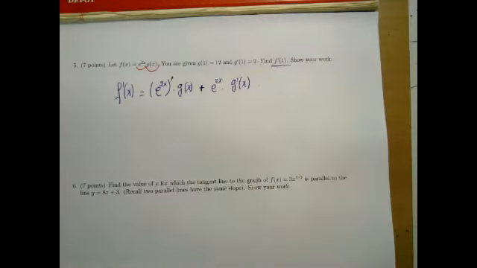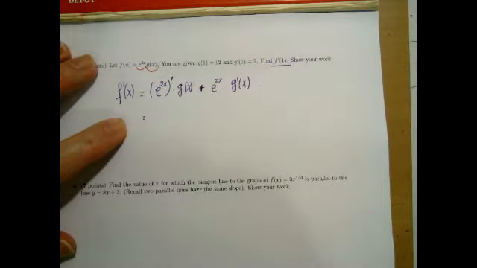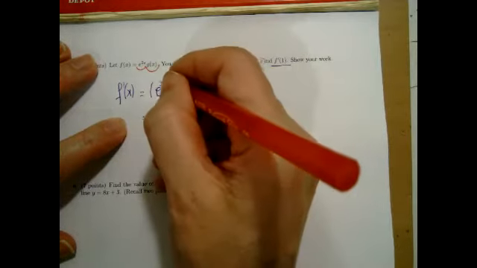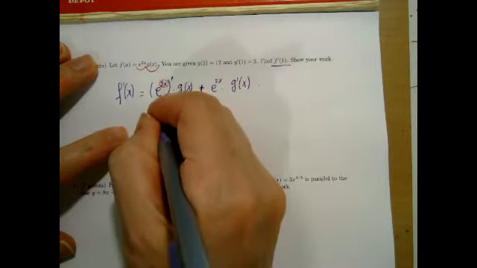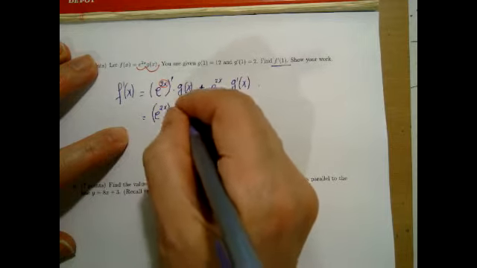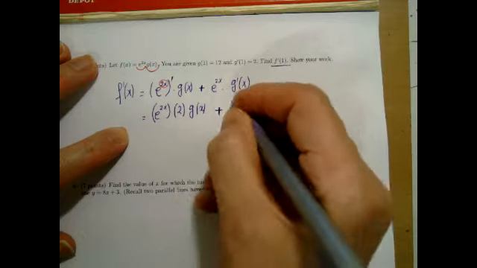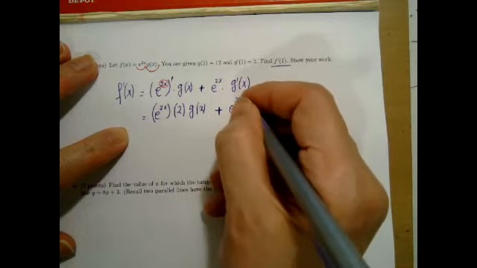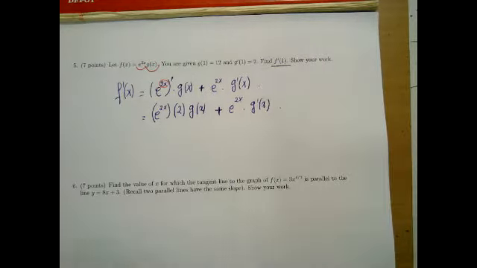So this is the first product. So now the derivative of e to the 2x, 2x is my inside function. So it's the derivative of the outside times 2, times g of x, plus e to the 2x times g prime. That's f prime of x.